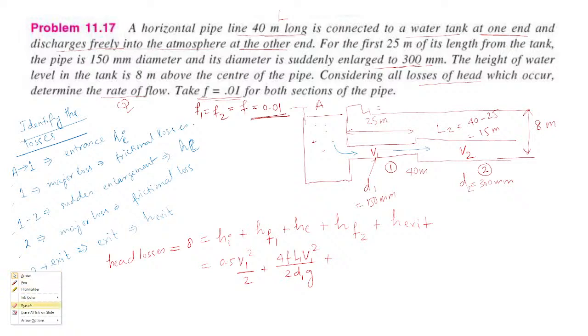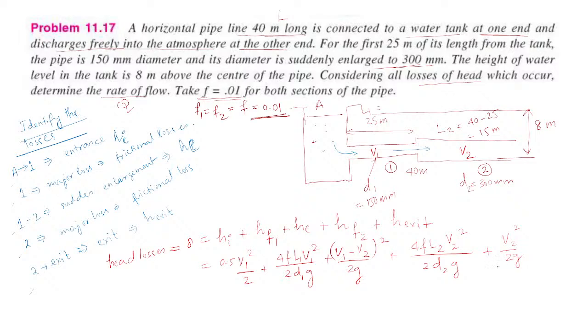Fine. Now again you have the next frictional major loss, that is 4f L2 V2 square by 2 D2 g, plus exit, which is V2 square by 2g. Fine. So this becomes your formula.